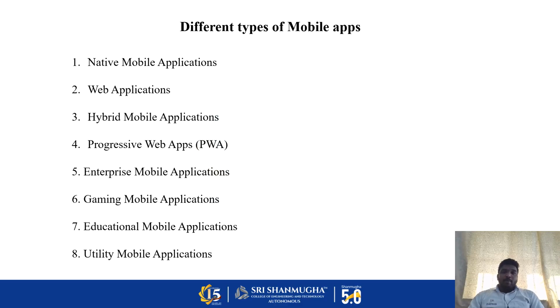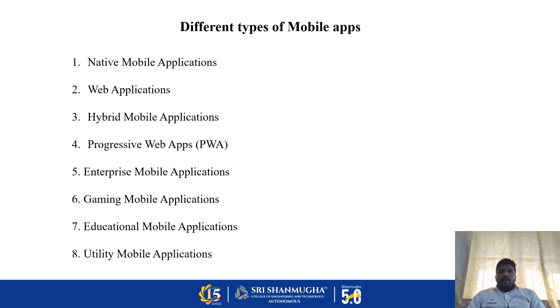Different types of mobile apps. Mobile applications are classified into different types based on the technology and usage. Some apps are designed for a specific platform, while others work across multiple platforms. Some apps require internet and some work offline.